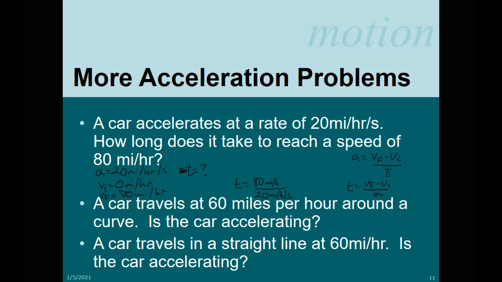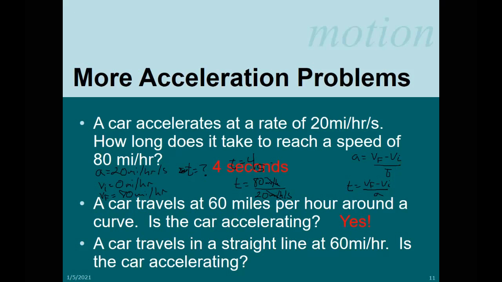This is going to be our T equals 4 seconds. Because notice the second will end up on the top, and miles per hour is going to cancel. This is where it's very important for you to follow your units around. And if we take a look at that, we can see that when I did it before, we got 4 seconds.